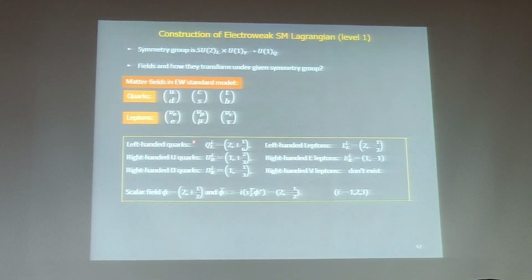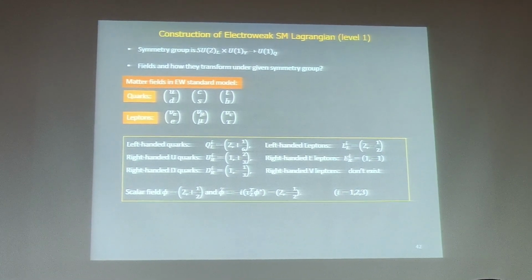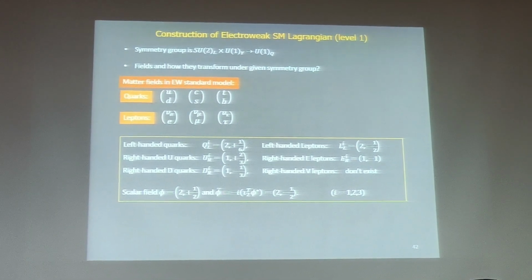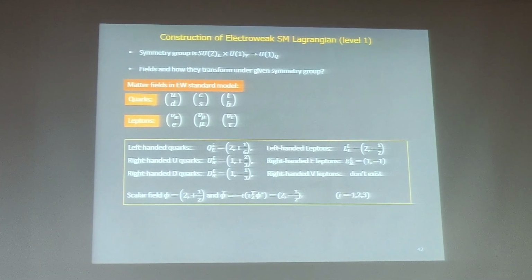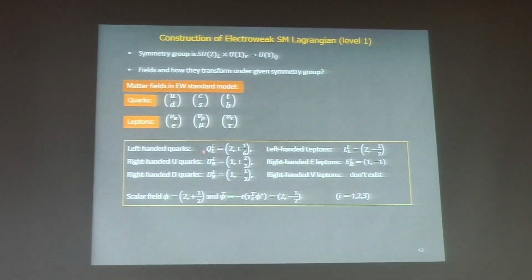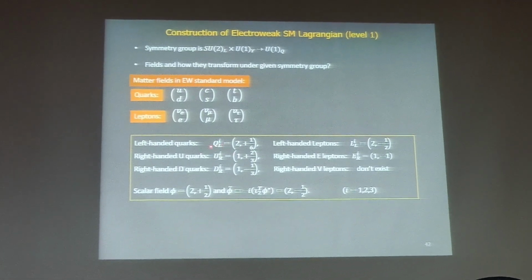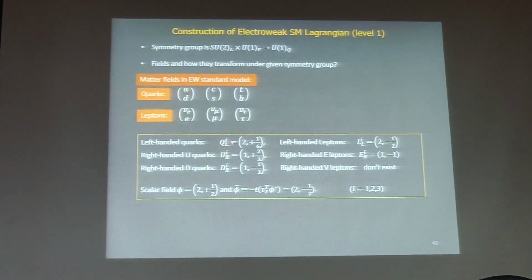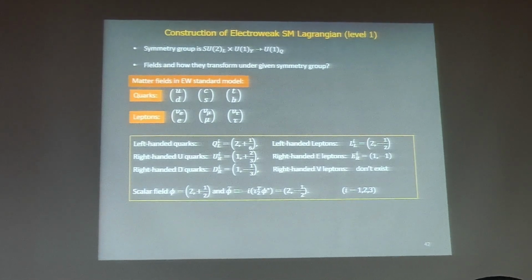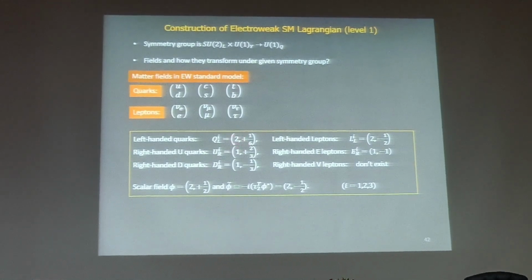Okay, so first of all, we talk about left-handed quarks. Left-handed quarks means that we are decomposing each fermion field into the left chiral field and the right chiral field. And left-handed means I'm talking about the left chiral field, for which I use the symbol Q_L^i, and I will explain in a moment what this i means. How this left-handed quark field transforms under SU2 and how it transforms under U1 is defined through these two numbers written over here.